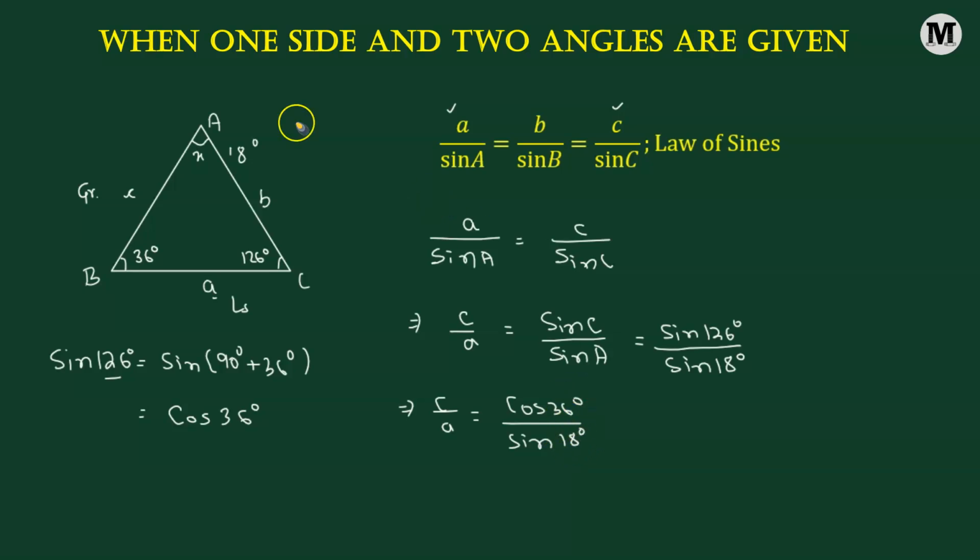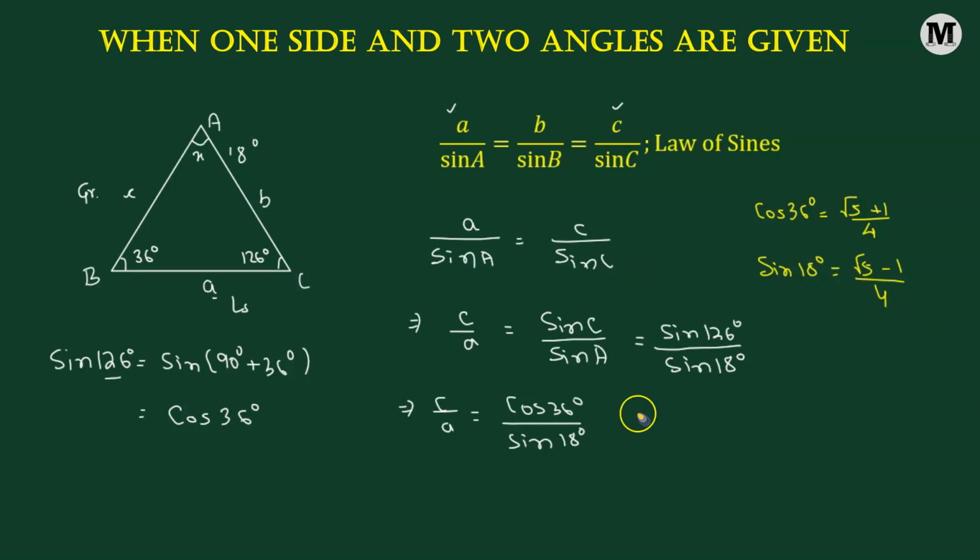Now we have a standard value for cosine 36 and sine 18 degrees. So let's state them. Cosine of 36 degrees is given by (√5 + 1)/4. And sine of 18 degrees is given by (√5 - 1)/4.